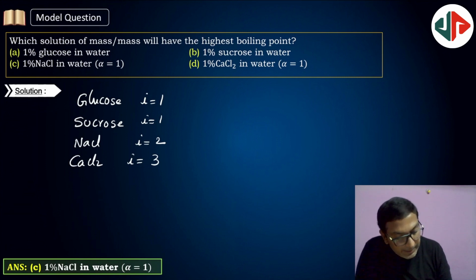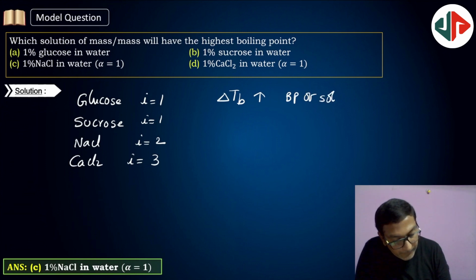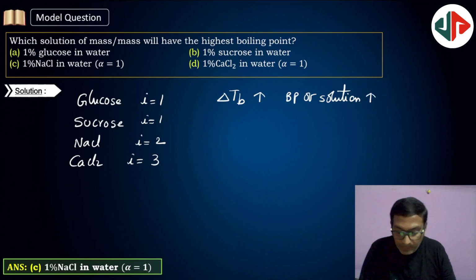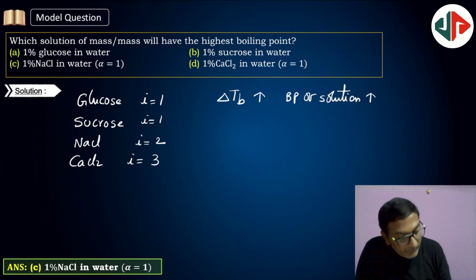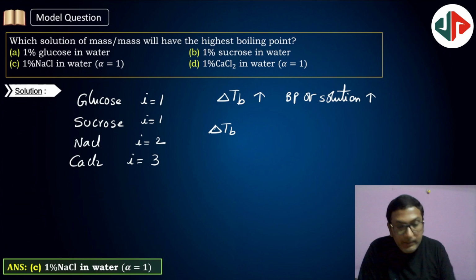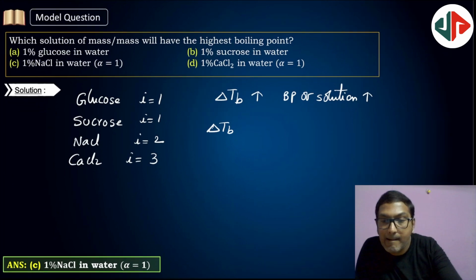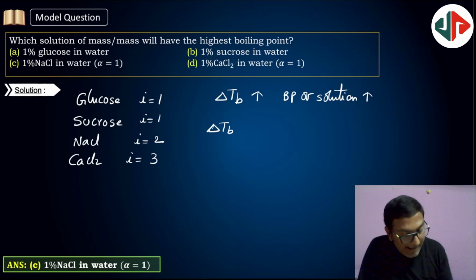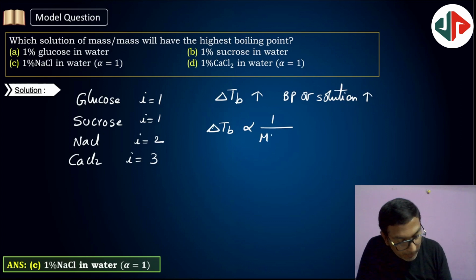So calculate delta Tb. As delta Tb increases, the boiling point of the solution increases. Next, check here: delta Tb is inversely proportional to the molecular weight of the solute.